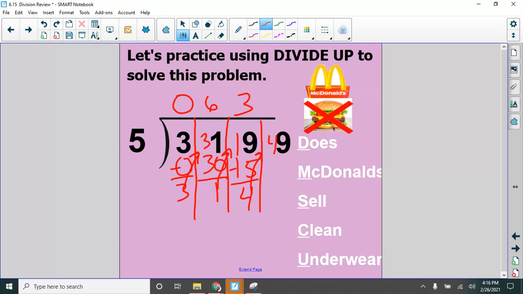How many 5s are in 49? That's going to be 9. We have 49 and 45. What should I do? Subtract to get 4. That 4 becomes the remainder. Remainder 4. There's our problem.